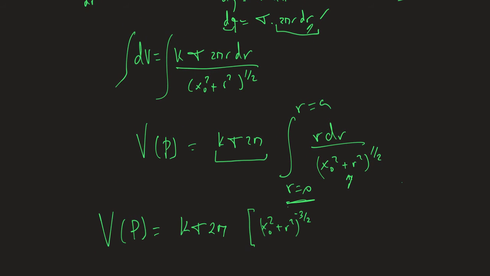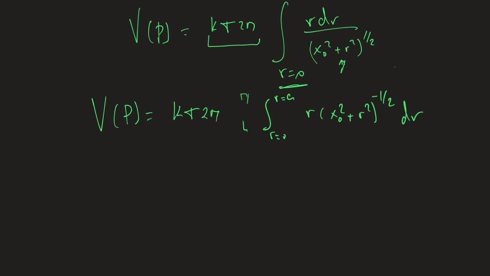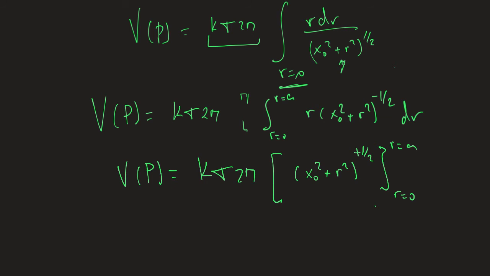So this equation will say k sigma 2 pi times the integral from r equals 0 to r equals a of r multiplied by x0 squared plus r squared to the power minus 1/2, dr, and the integral of this will be this function, the square root of x0 squared plus r squared, because if I take the derivative of this, I will find this.